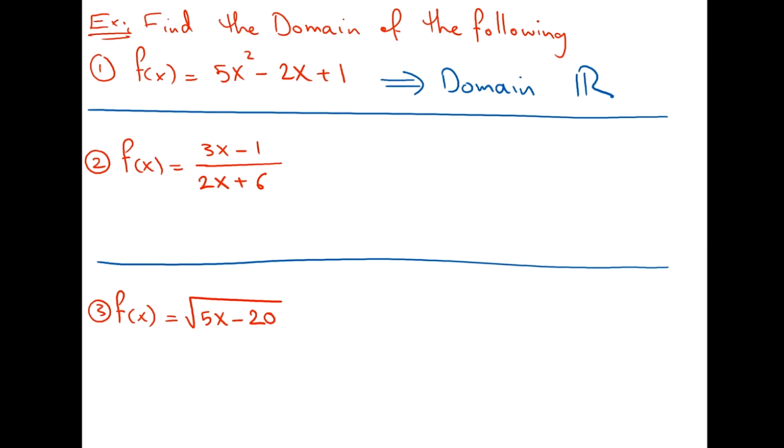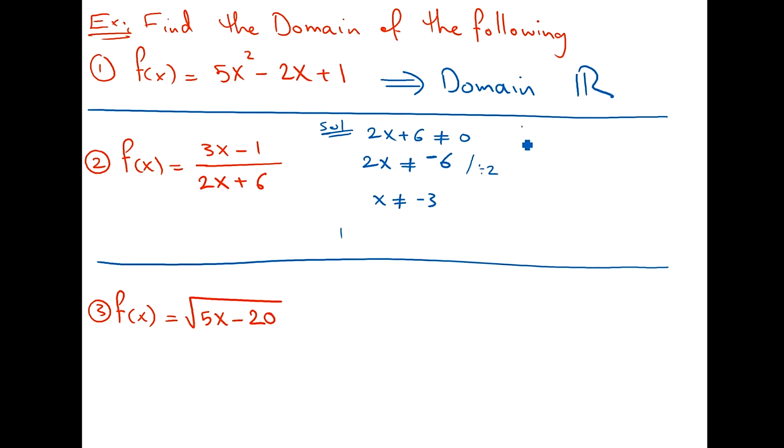So 2x plus 6 must not equal 0. The denominator is not allowed to be 0, right? So 2x must not equal negative 6. Dividing by 2, x does not equal negative 3.